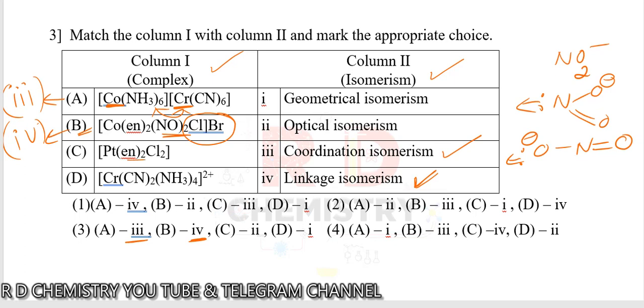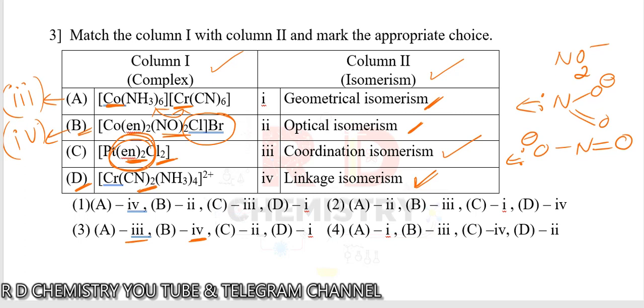There is en in option number 3. There is an en ligand, a didentate ligand. Whenever a didentate ligand is there, we are left with only two options, either geometrical or optical. Geometrical is possible for complex C, because there are two Cl. We can write cis and trans Cl. In the case of complex D also, CN is repeated two times.